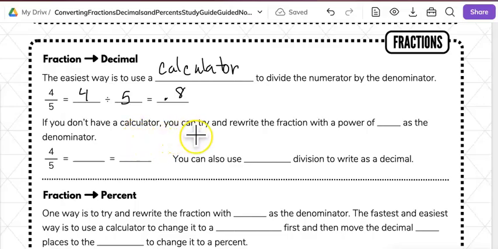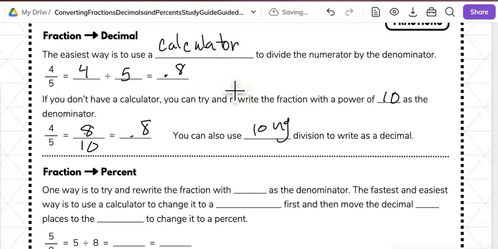If you don't have a calculator, you can try to rewrite the fraction with a power of 10 as the denominator. So I would multiply 4 by 2, and you get 8 over 10, and you get 0.8. You can also use long division. The best way, though, is just using your calculator.